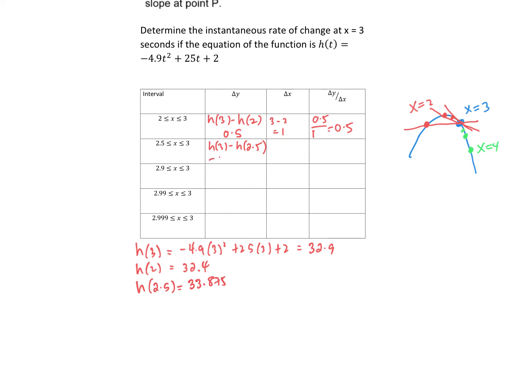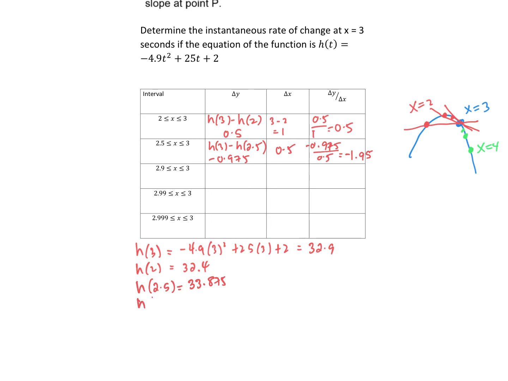That works out to be negative 0.975. Delta x is 0.5, 3 minus 2.5, and then I will divide delta y by delta x, and I get negative 1.95. So these two rates are very different, so I'm going to keep going.